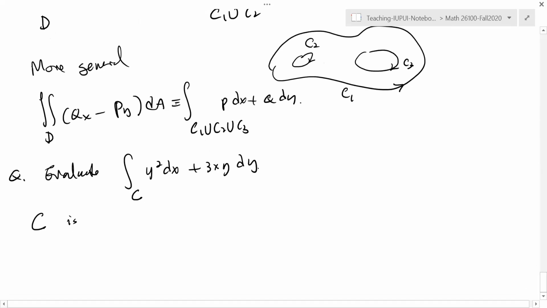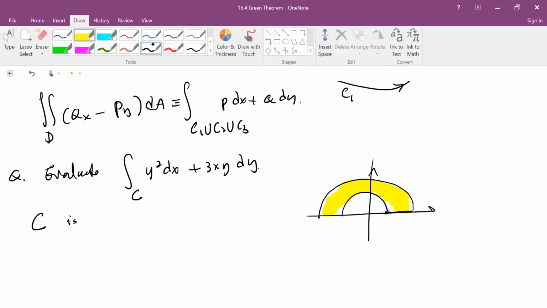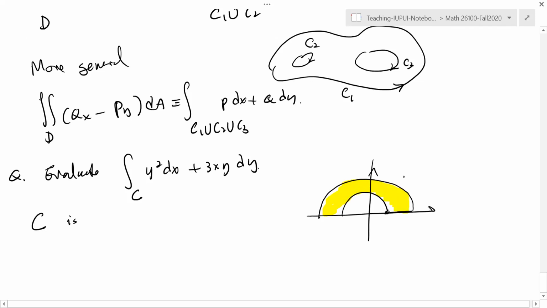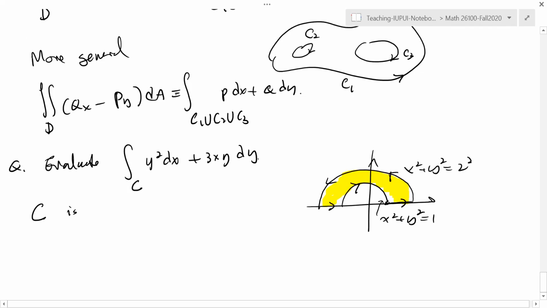C is a curve like that; let me describe it. It's bounded in the region like this: two semicircles. The outside one will be x squared plus y squared equals 2 squared. The inside one will be x squared plus y squared equals 1. It's oriented in this way. Okay, it's a closed curve.